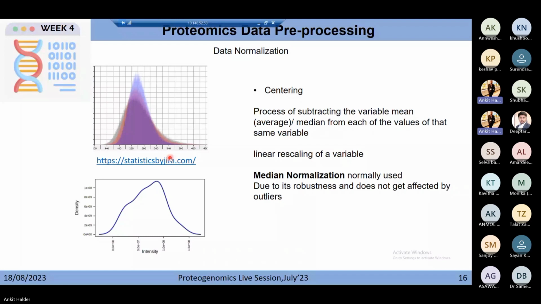Whenever you take a sample from a population, the data distribution tends to be normal, a Gaussian distribution.